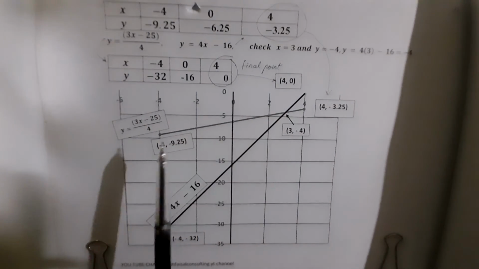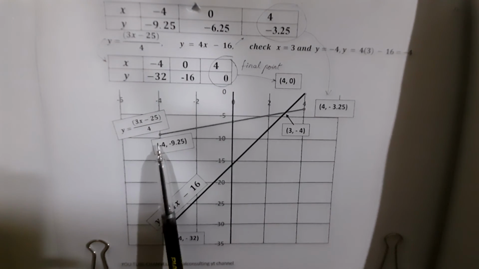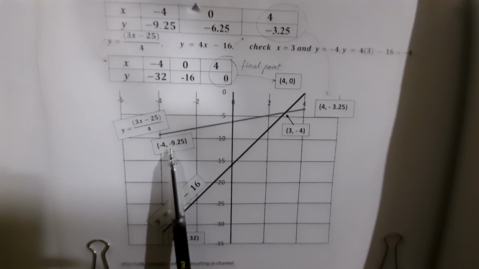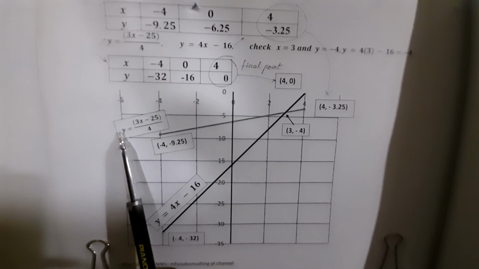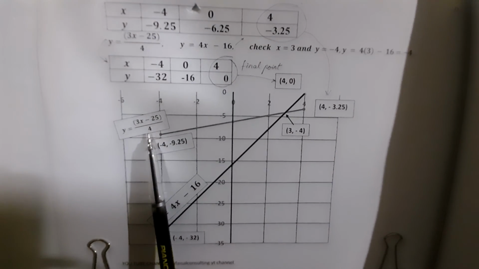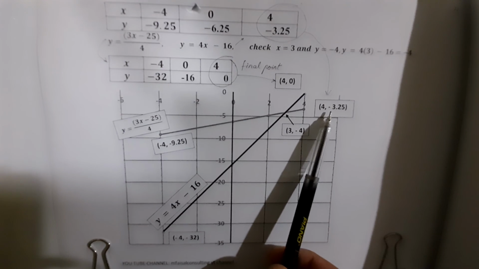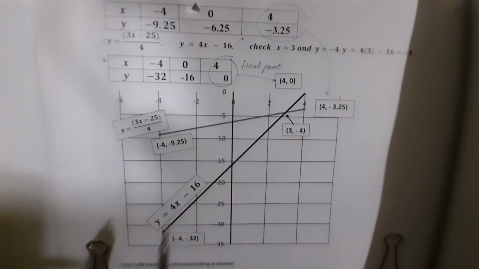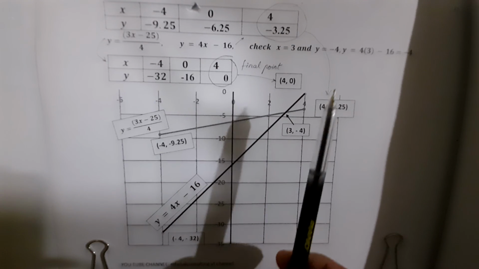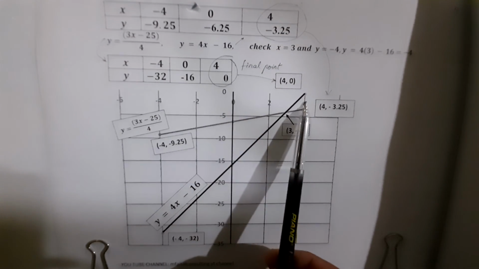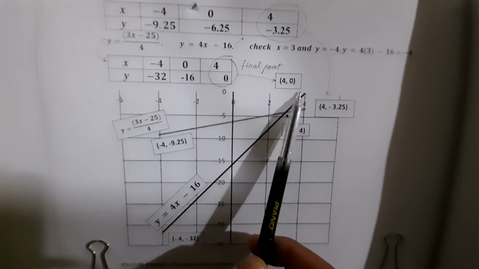So this is the initial point, minus 4 and minus 9.25, of the equation y is equal to 3x minus 25 divided by 4, and this is the final point, 4 and minus 3.25. The initial point of the equation y is equal to 4x minus 16 is minus 4 and minus 32, and their final point is 4 and 0.